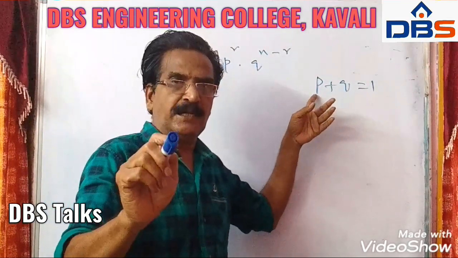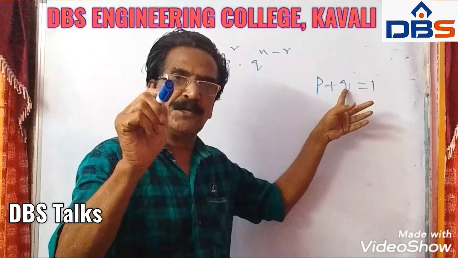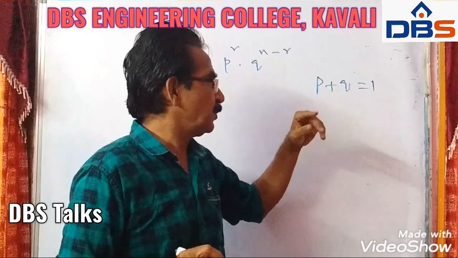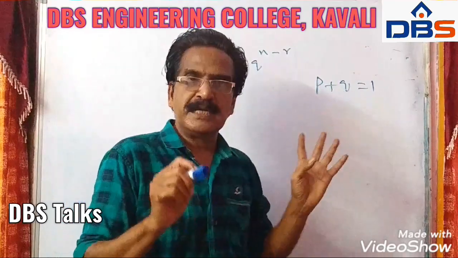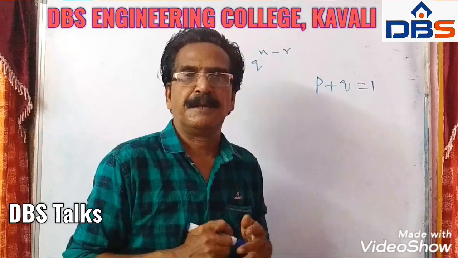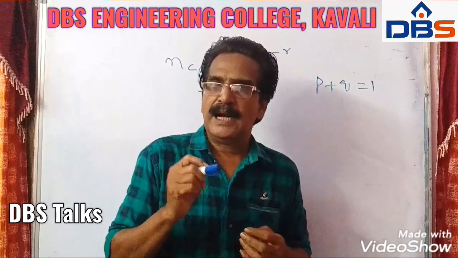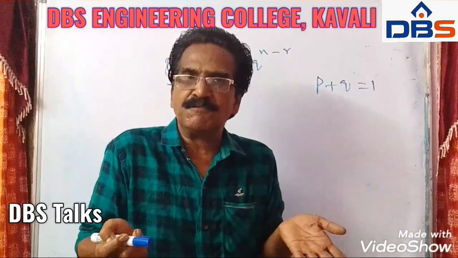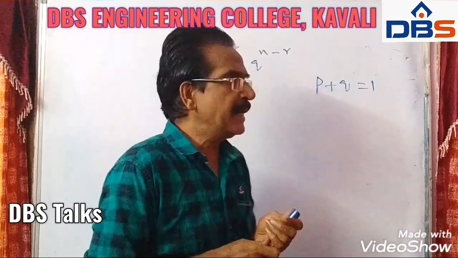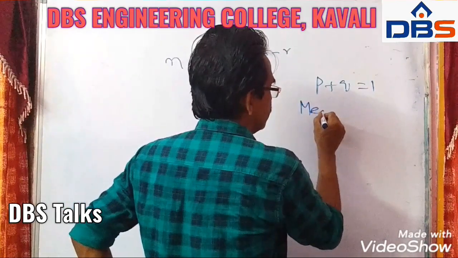p is the probability of success and q is the probability of failure. So p plus q is always equal to 1. That is the first point. And the second point is finding the mean of the distribution.